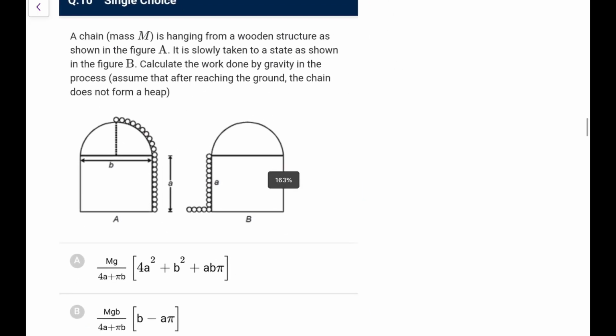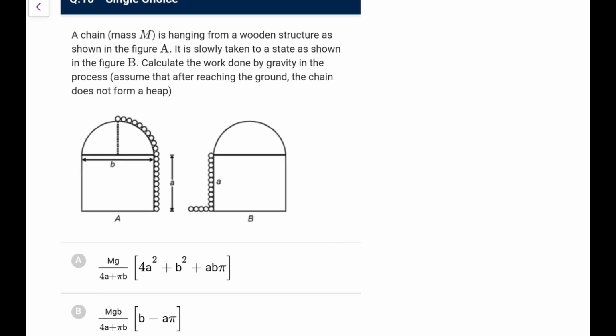Next, a chain is hanging from a wooden structure as shown in the figure. It is slowly taken to a state as shown in figure B. Calculate the work done by gravity in the process. Assume that after reaching the point the chain doesn't form a heap. Okay, so what I can make out, this length and this length, the potential energy remains the same.